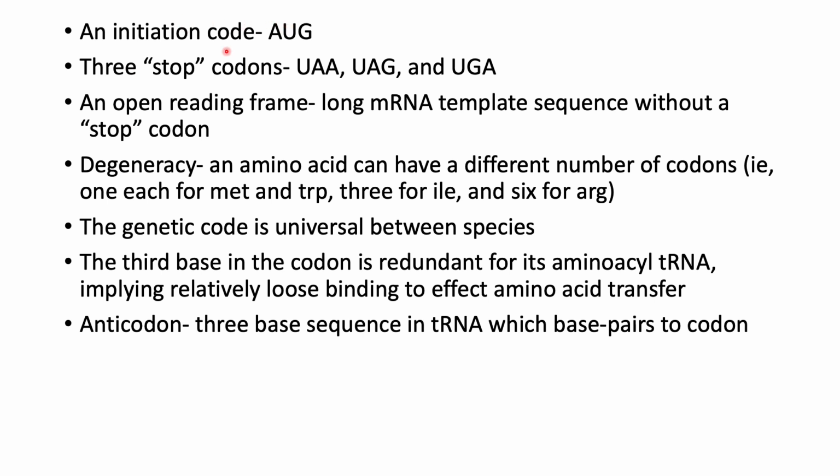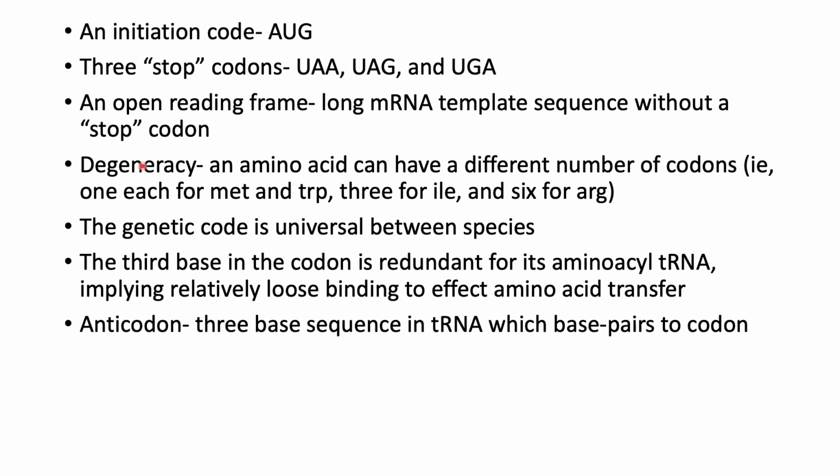Initiation code is AUG. There are 3 stop codons, UAA, UAG, UGA. The open reading frame is one where you have a long messenger RNA template sequence without a stop codon. So a lot of viruses, including SARS-CoV-2, have several open reading frames which code for one protein without stopping.